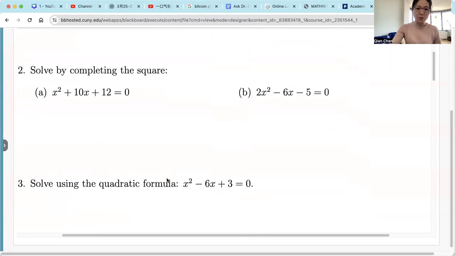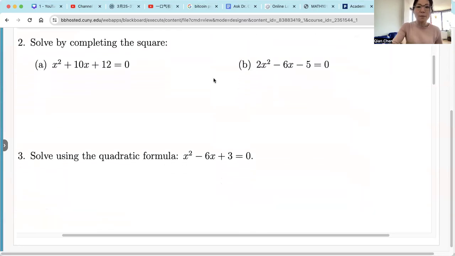Now let's see 2. So 2, we want to use the completing the square method. So let's recall perfect square. A plus B squared equals A squared plus 2 times A times B plus B squared.